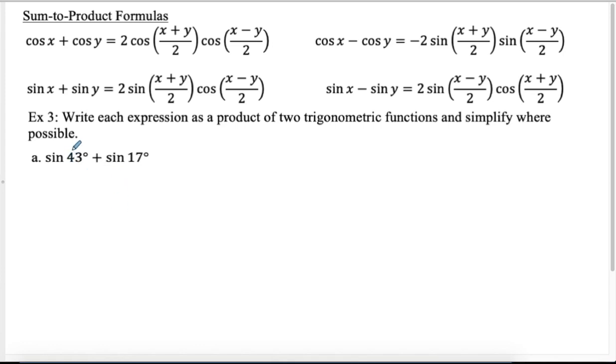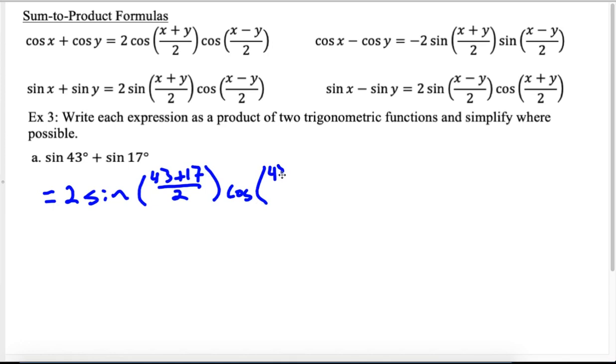So if I've got sine of some angle plus sine of a different angle, that's going to fit this version here, this formula here. So I can say this is equal to 2 times the sine of the first angle plus the second angle over 2 times the cosine of the first angle minus the second angle over 2.